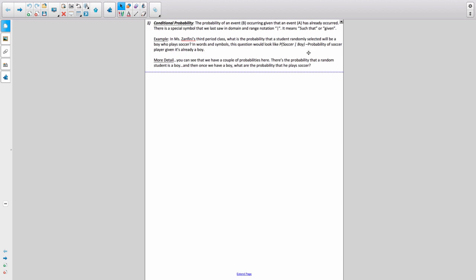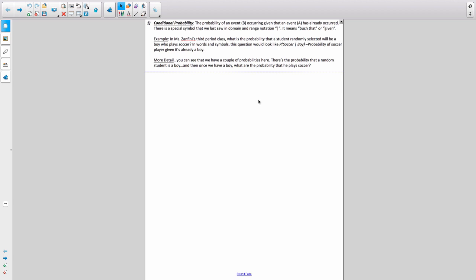So there's two probabilities in effect here. It's a conditional probability. We just don't want the probability that somebody plays soccer. It's the probability that if you picked a boy, what's the probability that that boy also plays soccer? So it's a combination of probabilities, and it's called conditional probability.